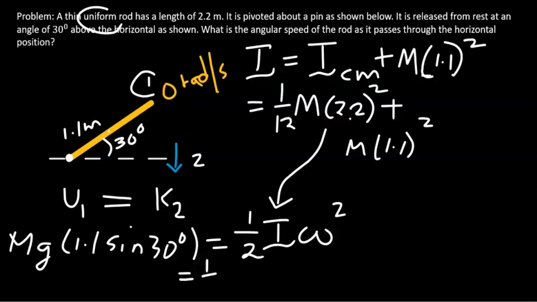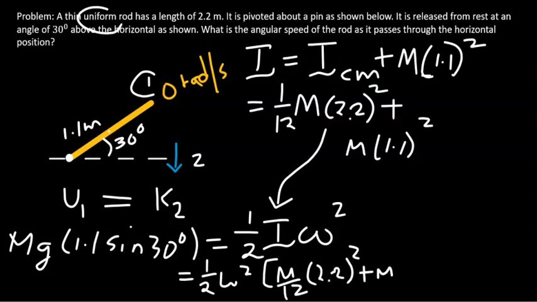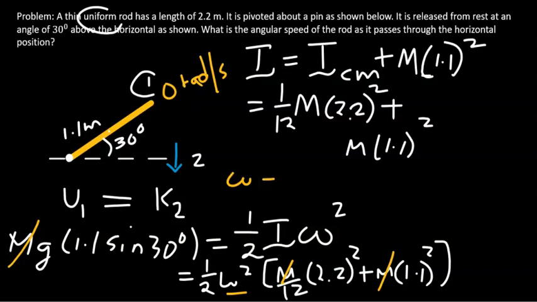Note that the right hand side is half omega squared times I, which is just m/12 times 2.2 squared, that's the first term, plus m times 1.1 squared. The m cancels, and you can determine omega, which is found to be 2.6 radian per second. And that solves the problem.